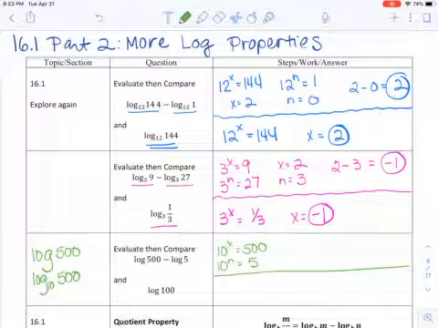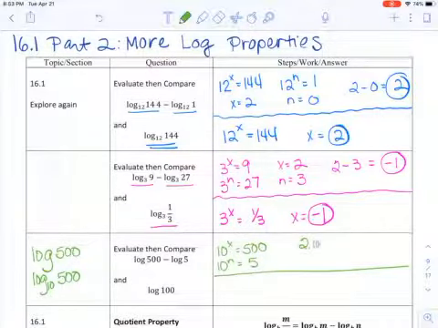You probably don't either. So you might be saying to yourself, can't I just plug log 500 into my calculator? You could. And if you did, you would get something like 2.69897. And then if you did log of 5 in your calculator, you would get 0.69897.